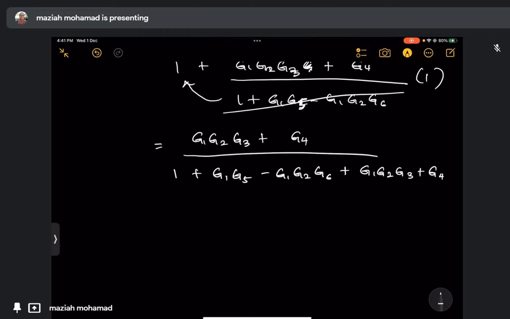So for block diagram manipulation, the trick is normally like that. Meaning you have to move something before you can solve for a feedback. Normally the objective is to solve for feedback or feed forward.